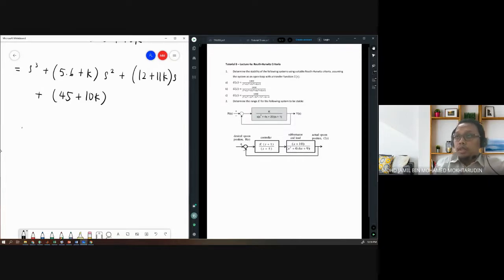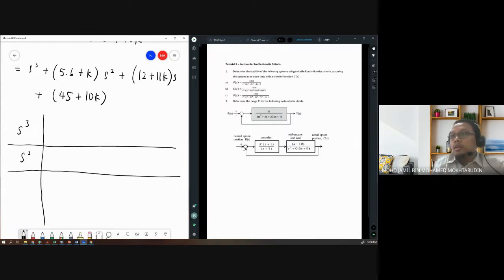So we start with s cubed followed by s squared. Then you fill the top two rows using the coefficients, alternatingly. So we start with 1, and then 5.6 plus K, and then we have 12 plus 11K, and then 45 plus 10K.